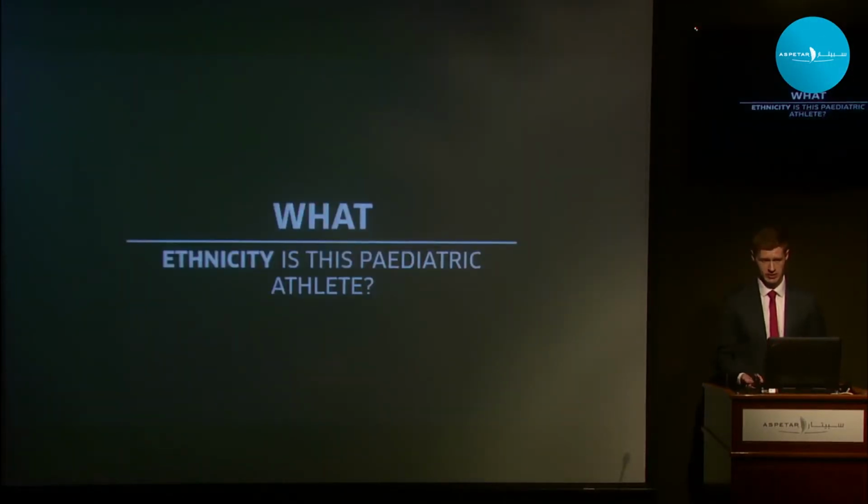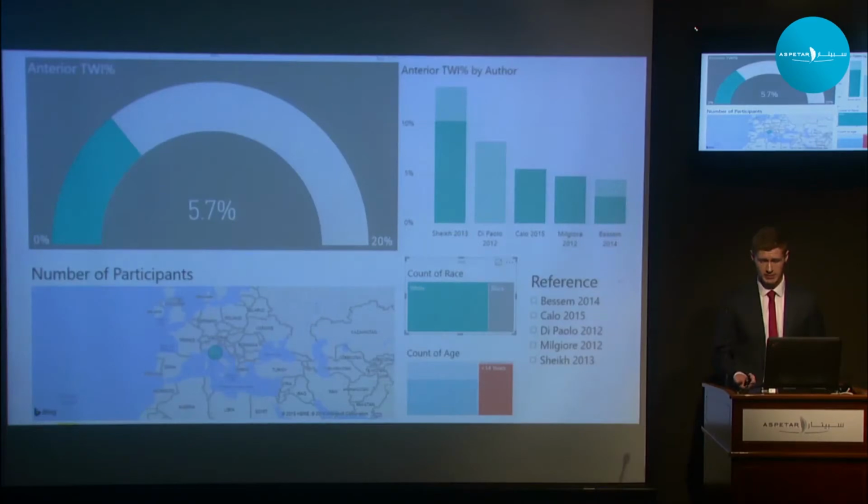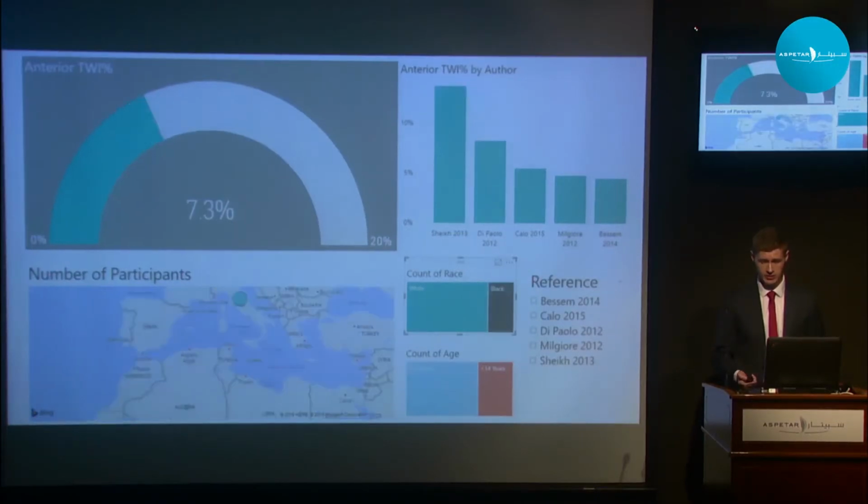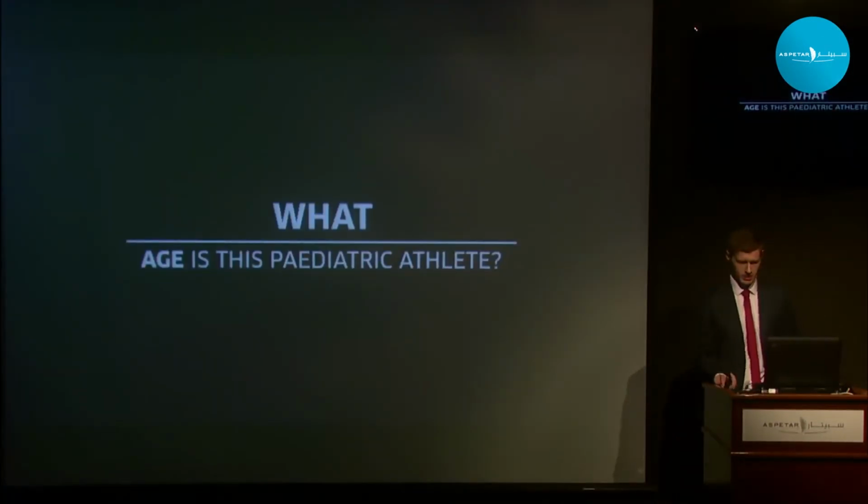The first question you might ask is, what ethnicity is this pediatric athlete? If we first consider the white pediatric athlete versus the black pediatric athlete, we can see a clear shift here. Indeed, an almost threefold increase in chance of presentation of anterior T-wave inversion in black athletes compared to white athletes. But what about age?